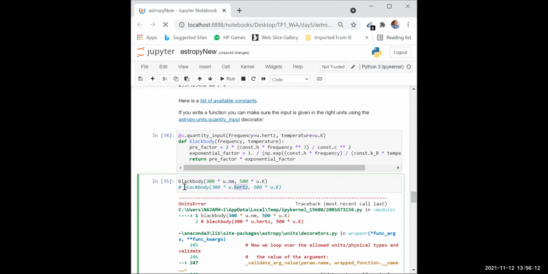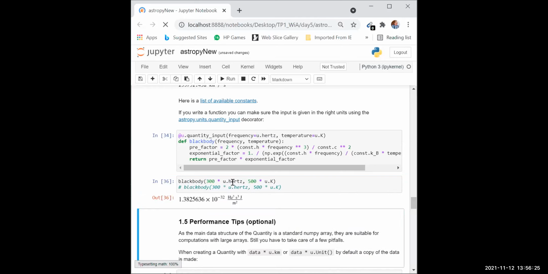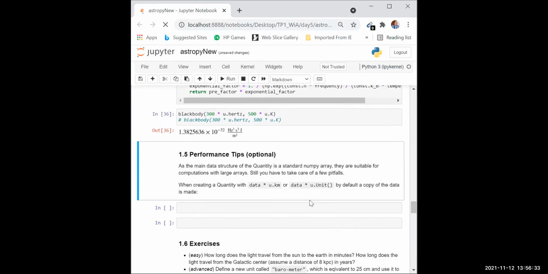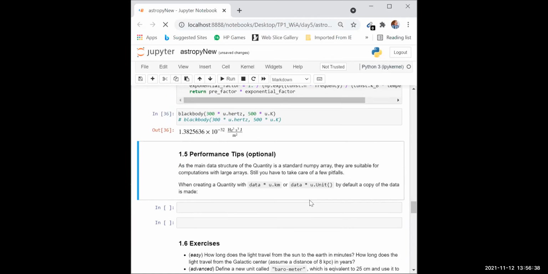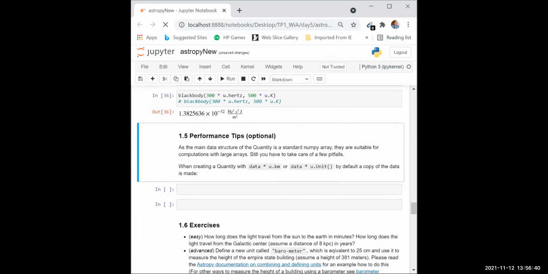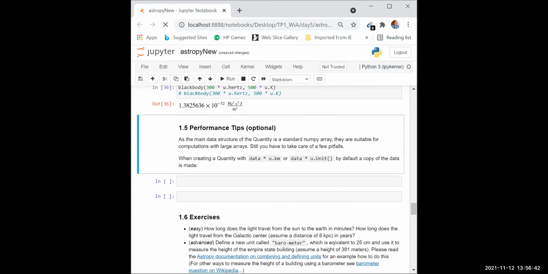So if we had written this as hertz and run it, then we would have got the value. So it's important to use the right units, and to do it in Astropy is pretty simple.